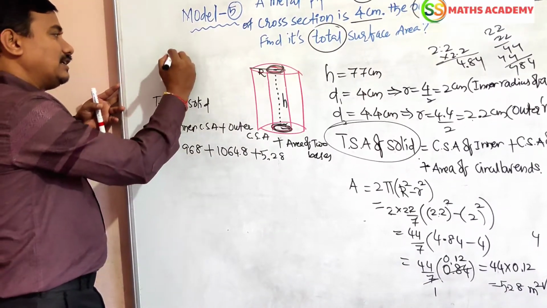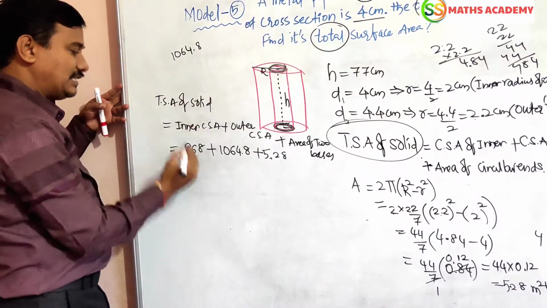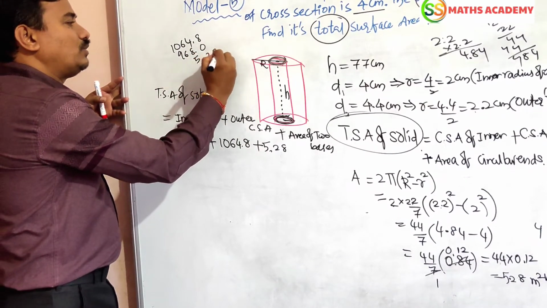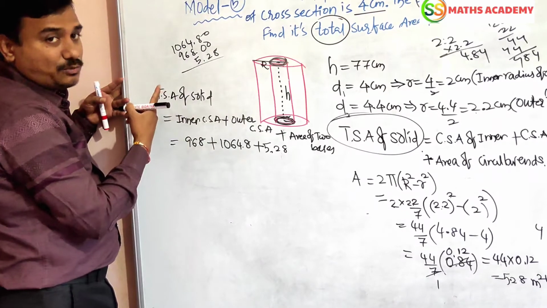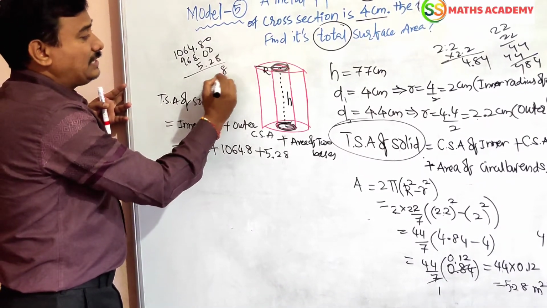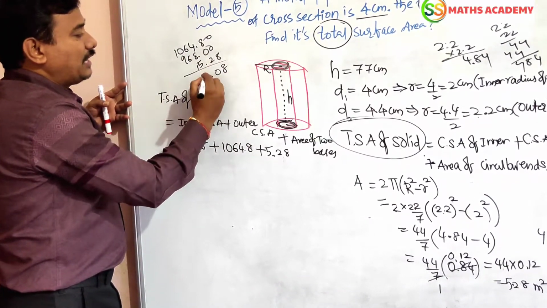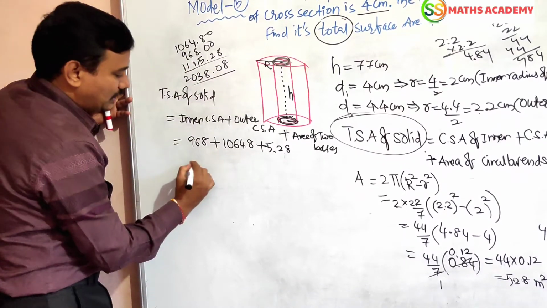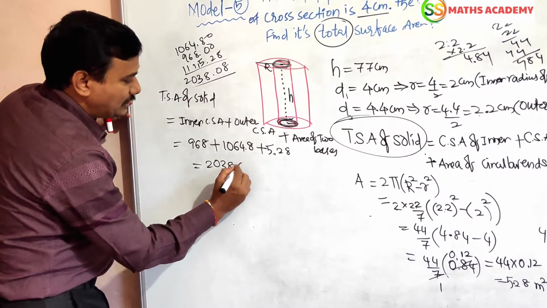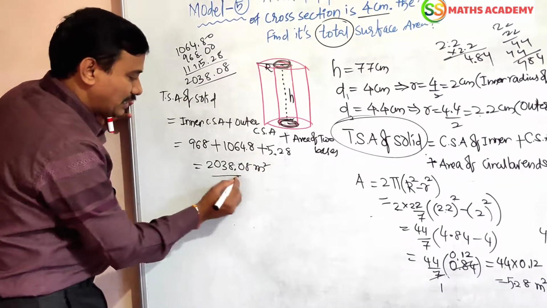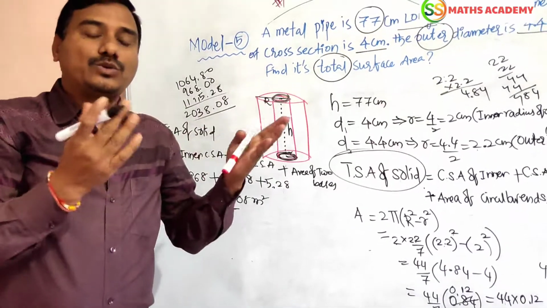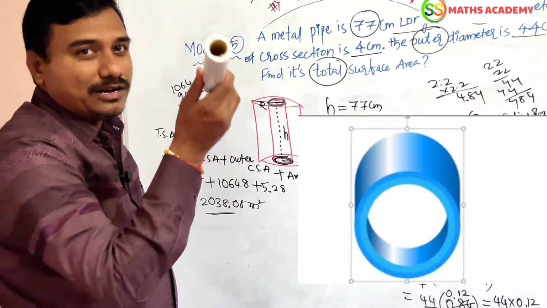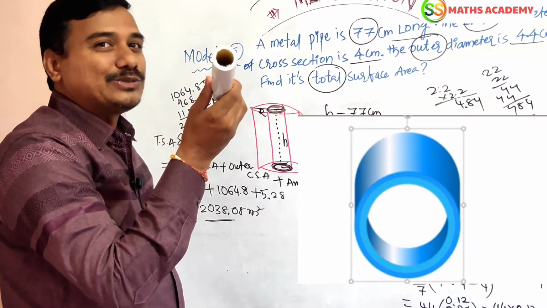Now we should add 1064.8, 968.0, and 5.28. You know this decimal addition very well. So 8, 10 carry 1, 10, 8 carry 1, 12, 13 carry 1, 10 carry 1, 2038.08 meter square. This is the complete total surface area of a hollow cylinder, nothing but this pipe also.